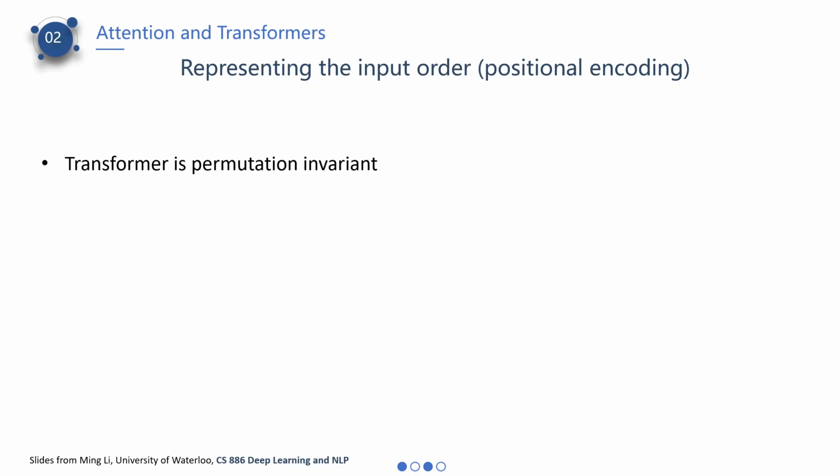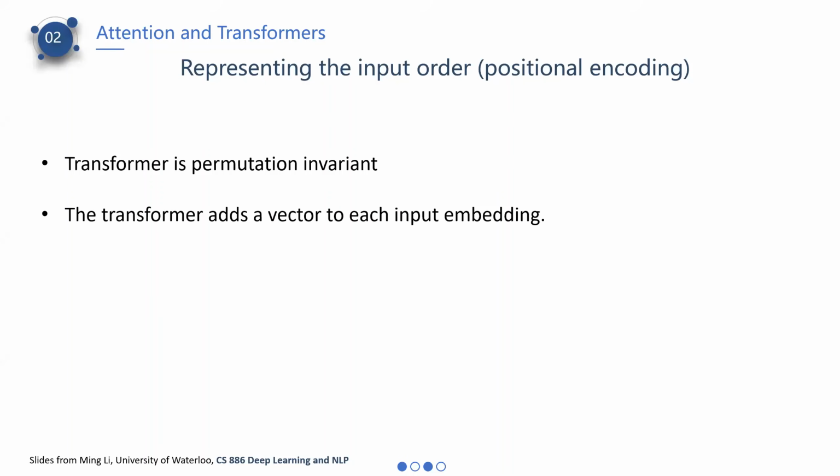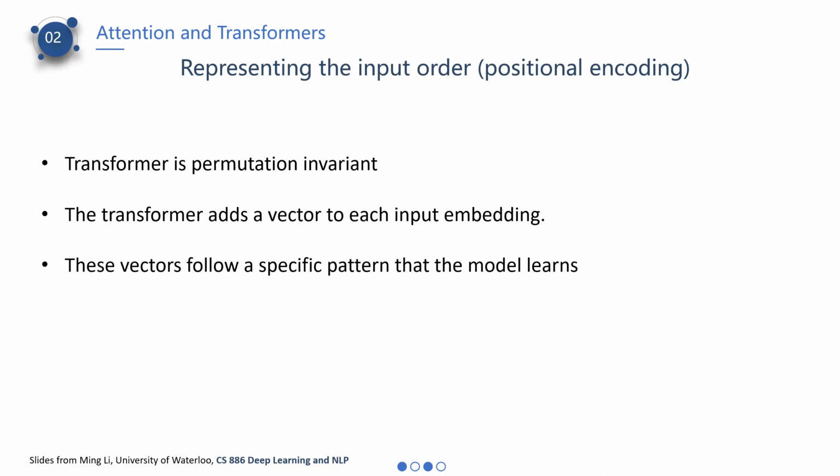You take a sentence, you permute it, and you still get a similar representation because it doesn't have any order. So we want to put the order in. That order will come from adding a vector to each input embedding, and that's called position embedding.